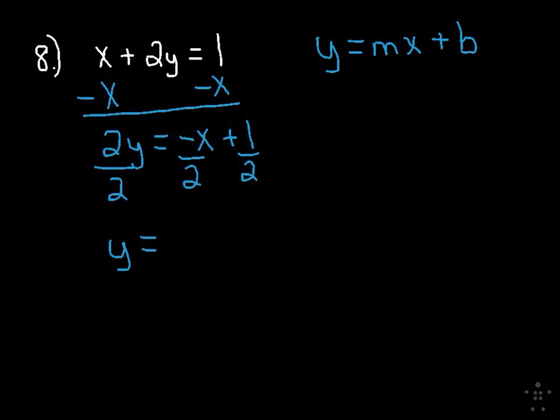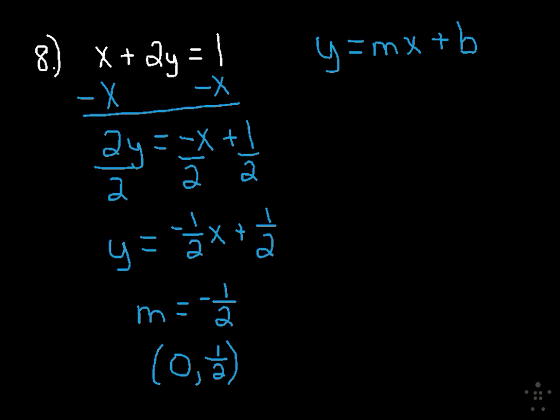So y is equal to negative 1/2 x plus 1/2. So my slope is negative 1/2, and my y-intercept, my b value, is 1/2, so it is (0, 1/2), where it crosses the y-axis. So there is my slope and y-intercept.